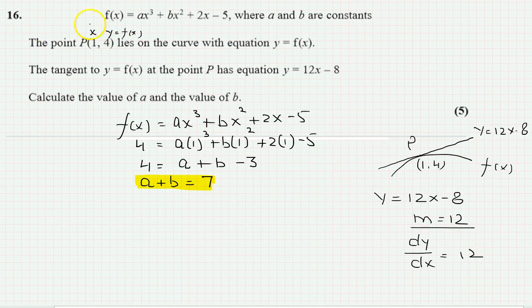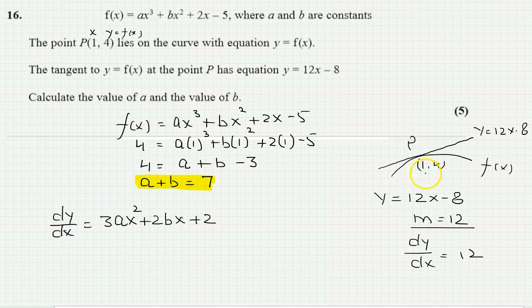Let's try to find dy over dx here. This is y is equal to this, so dy over dx is 3ax square plus 2bx plus 2. That is the equation of dy over dx.